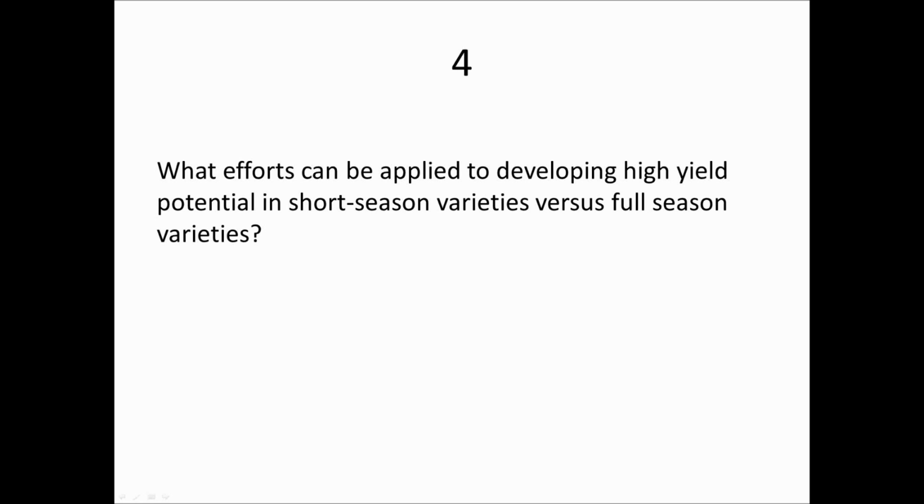Dr. James, what do you think about taking an earlier maturing, even just the example of like maturity group 2, North American variety, and then introducing the long juvenile trait? Do you think that that would be a way to achieve a short season?